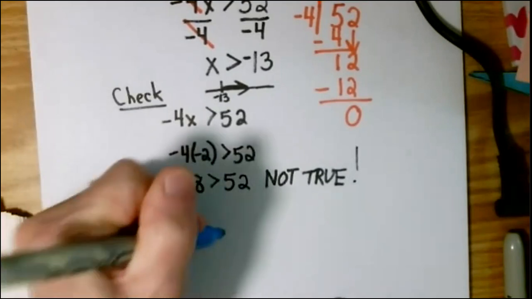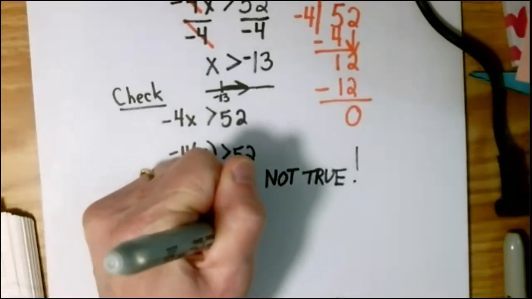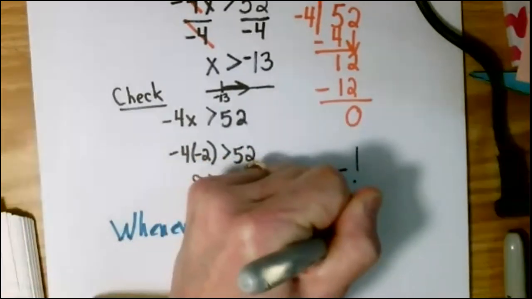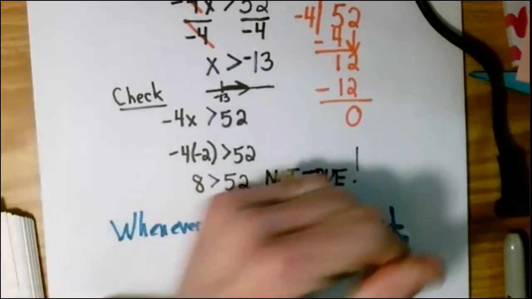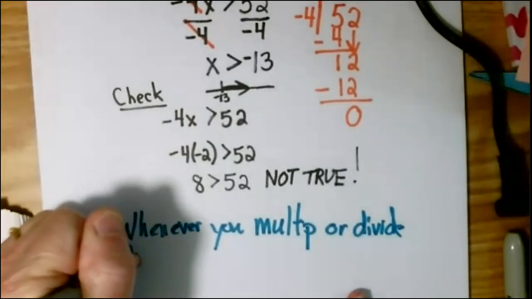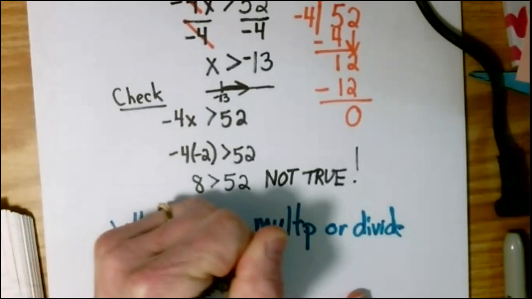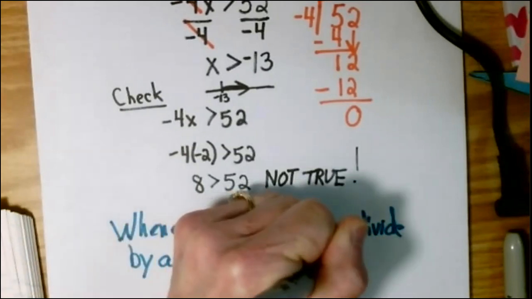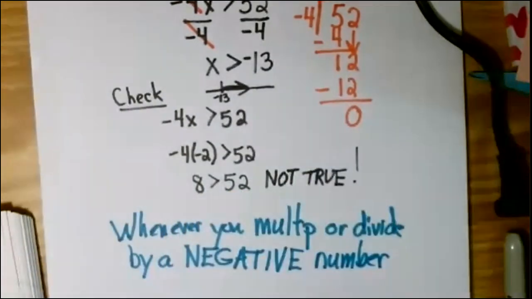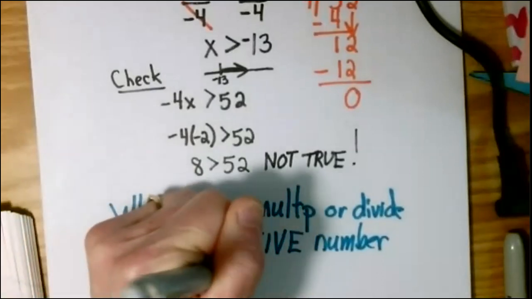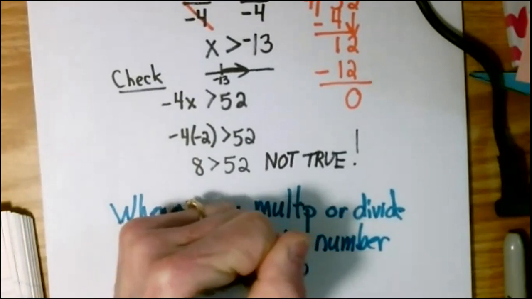Whenever you multiply or divide by a negative number, you have to flip or reverse the inequality sign.